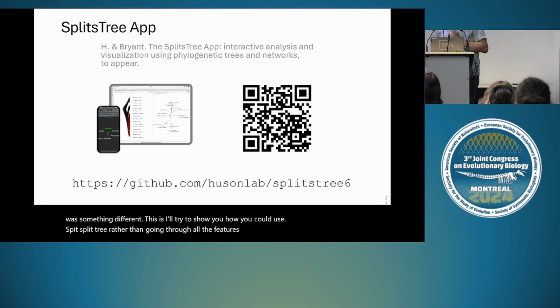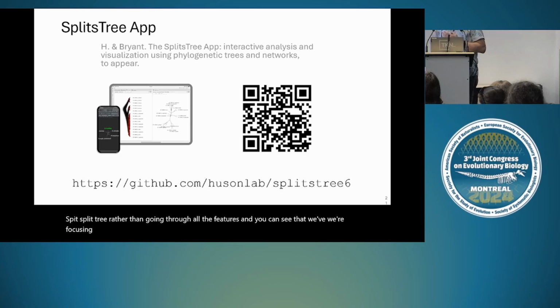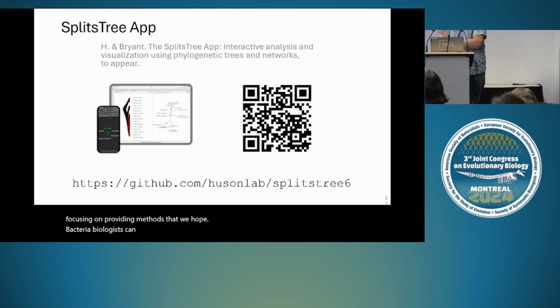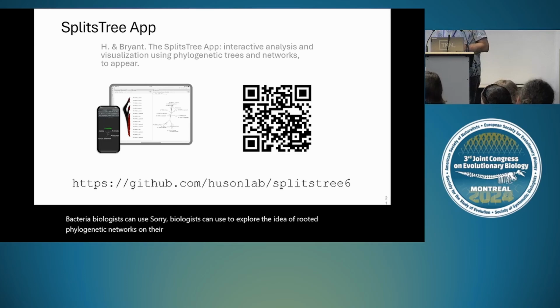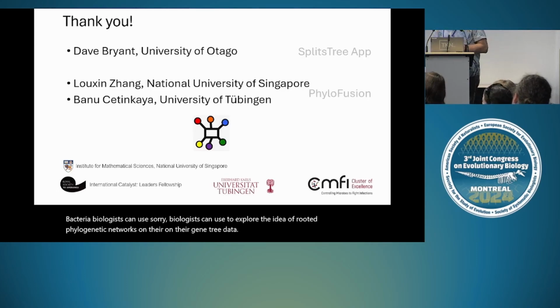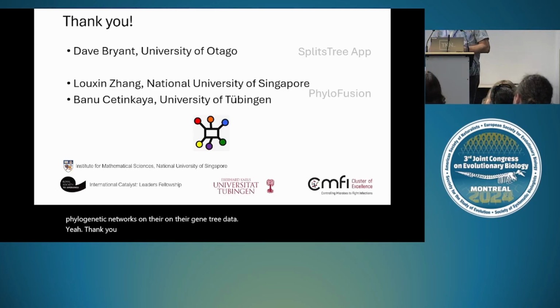You can see that we're focusing on providing methods that we hope biologists can use to explore the idea of rooted phylogenetic networks on their gene tree data. Thank you, and thanks to my colleagues mentioned here.